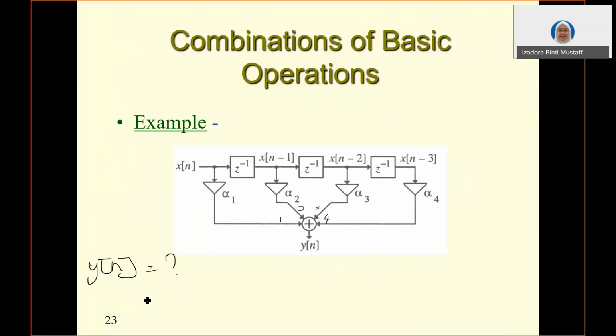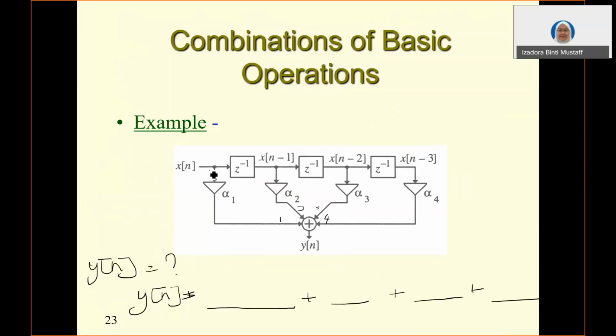For this example, you can write out the terms: first term, second term, third term, and fourth term. At the first term, xn goes into the branching unit.